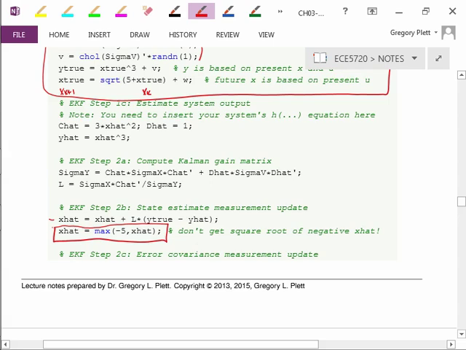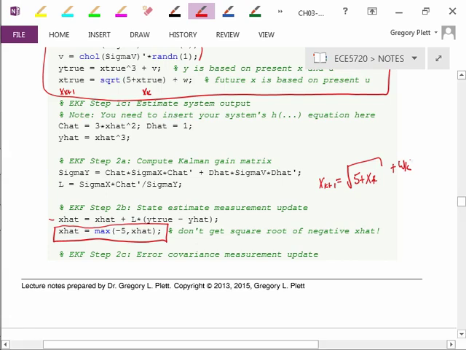Well, if you go back to the state equation, it says xk plus 1 equals square root 5 plus xk, all added to wk. In the real system, the state is never going to be smaller than minus 5. If the state somehow became smaller than minus 5, that square root would give us a complex number, and my real valued system would all of a sudden become a complex system, and that's not what we had in mind.